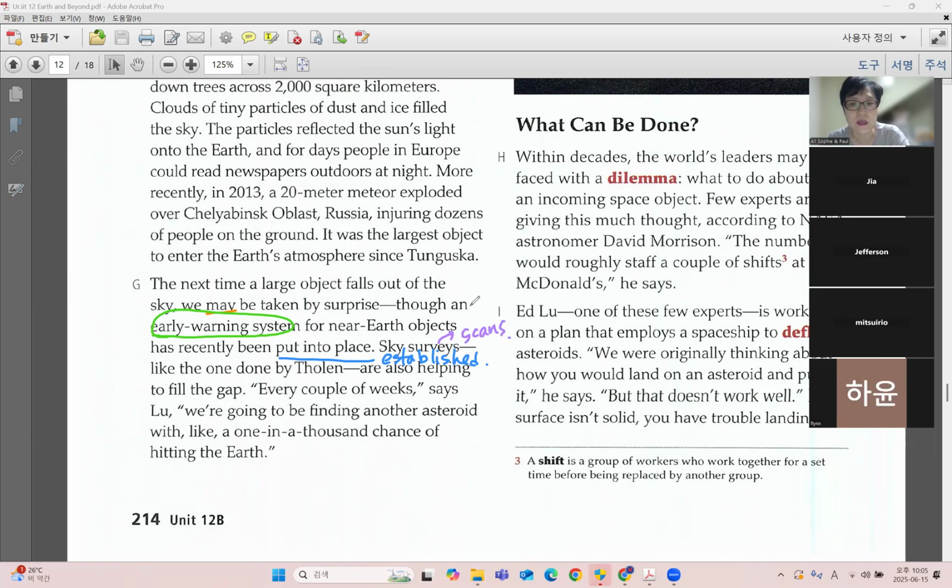Space scans like the one done by Dolan are also helping to fill the gap. What is the gap here? The gap means the missing part.